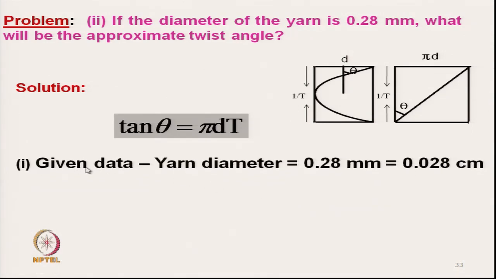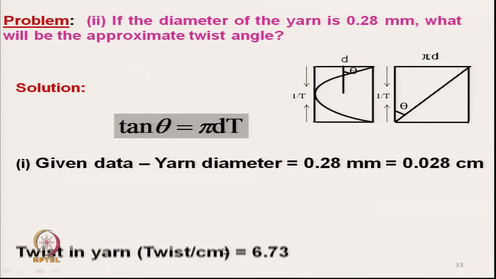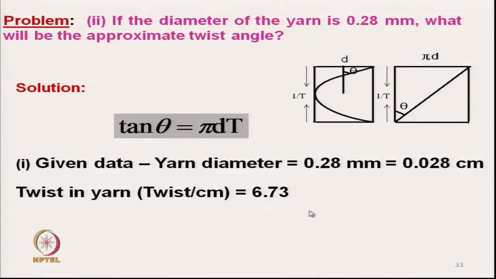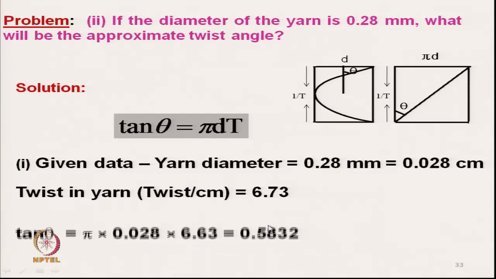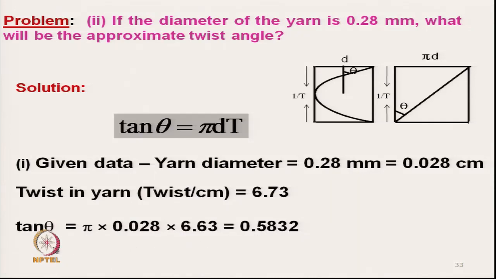We have converted the diameter to centimeter, because twist per centimeter was given. We have got 6.73 twist per centimeter. So, tan theta we can calculate as pi multiplied by diameter 0.028 multiplied by twist per centimeter.